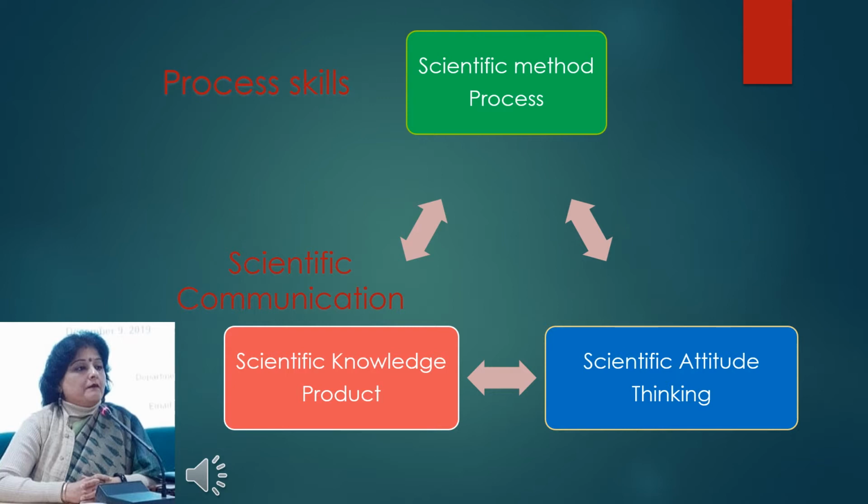And therefore, for this it is important that we develop the process skills which would be required by the learners to engage with various processes in science and also to develop better understanding of concepts of science and also to think scientifically. Similarly, scientific communication is also an important part of all three of them because whether it's scientific knowledge, process, or thinking, it has a very unique, specialized language of itself.